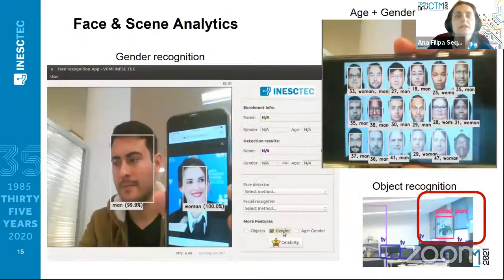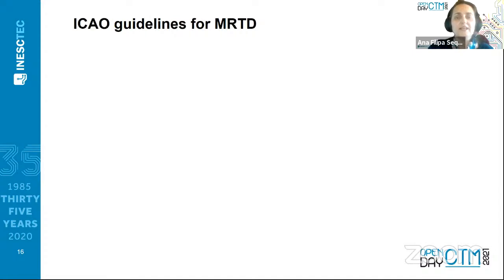We also have another richer demonstration where we can determine age and gender, and even do a scene analysis, and even detect a potted plant that is behind the user, and many other features that I don't have enough time to show here, but it is very interesting and it's available.